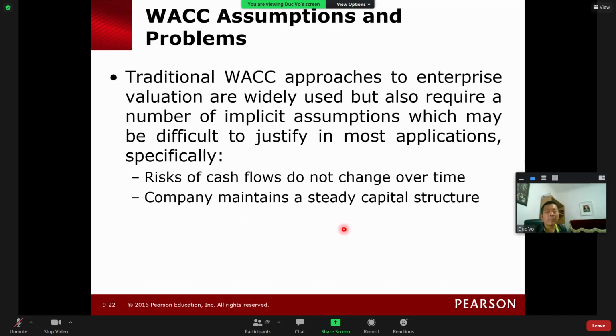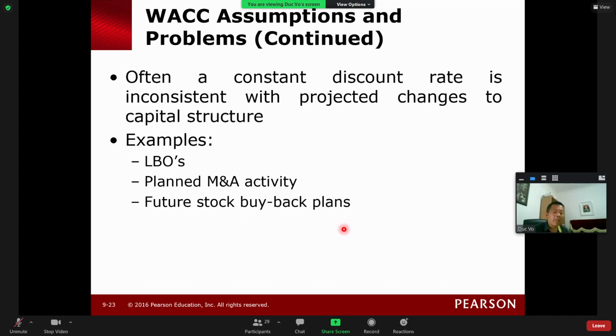The combination of debt and equity for your company will remain the same, and that is not always possible. So in that case, we will need to deviate from the DCF and use a different method. The cost of capital will especially be problematic, as I will discuss in the future when we talk about the leveraged buyout.